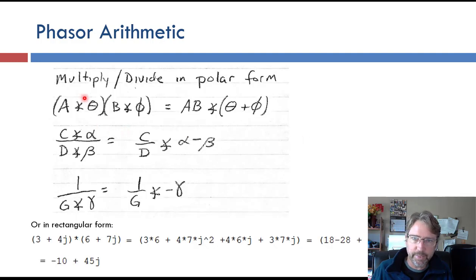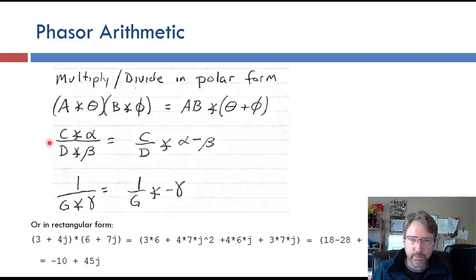In multiplication and division, the polar form is easiest, and this comes back to the exponential derivation. If you have A with a phase of theta times B with a phase of phi, you multiply the amplitudes and add the phases to get your answer.